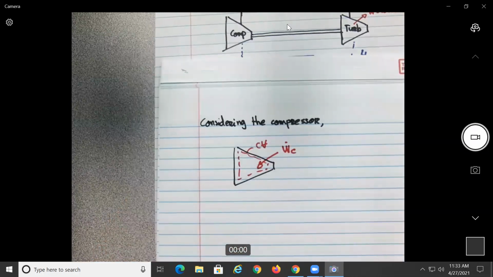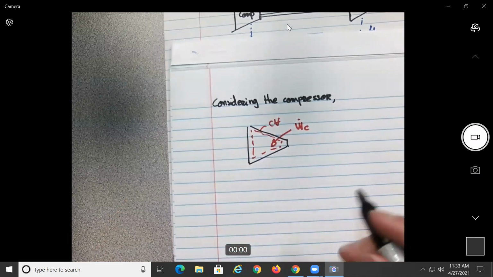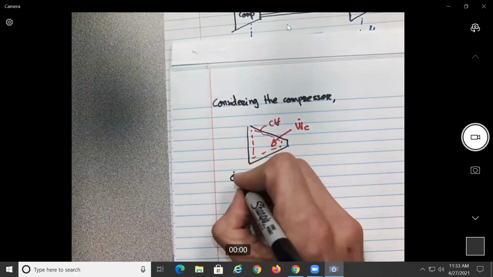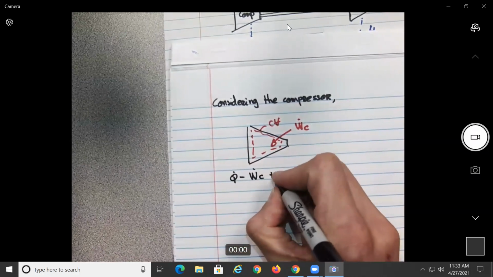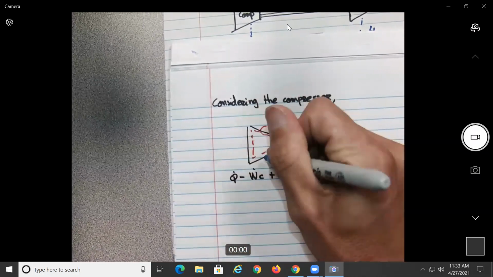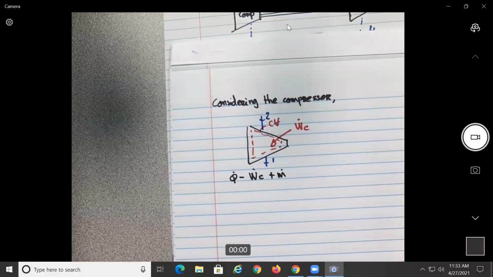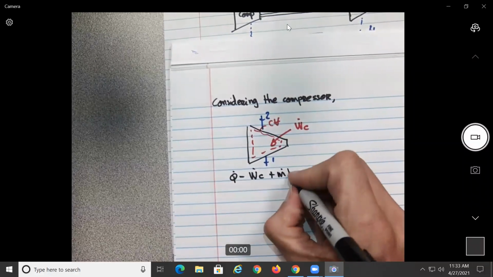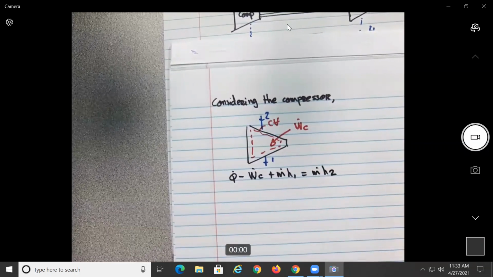All right, so now from this figure, we can write the first law of thermodynamics, which will be what? Q minus power compressor plus m dot, this is between 1 and 2, so plus m dot H1 equal to m dot H2.